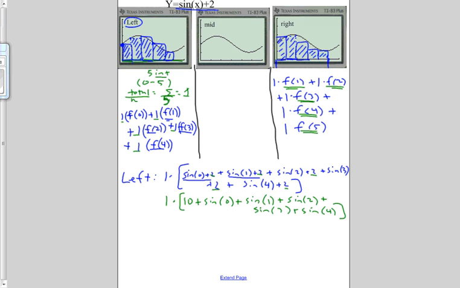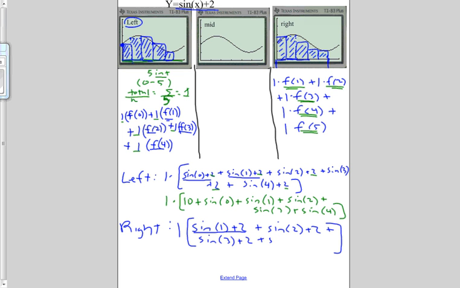If I were to simplify that for my right bound, again, all of them have a width of 1, so I could factor out a 1, and then f of 1 is sine of 1 plus 2, plus sine of 2 plus 2, plus sine of 3 plus 2, plus sine of 4 plus 2, plus sine of 5 plus 2. So simplifying that, the plus 2 shows up in the same way.